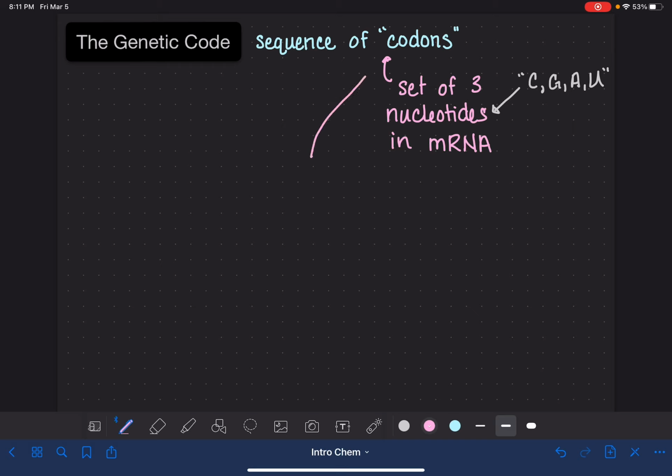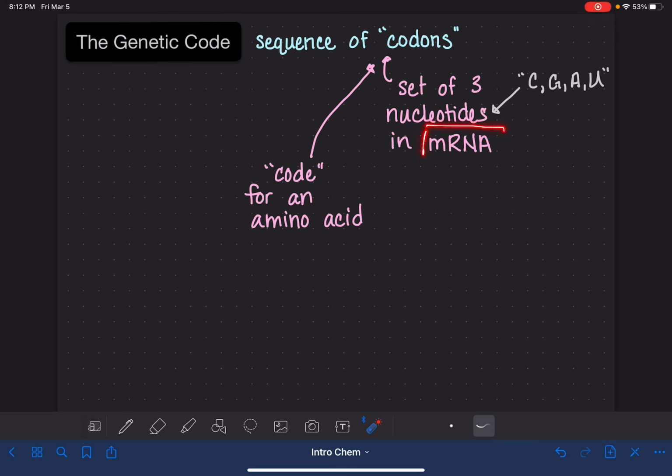Codons contain a code, or they correspond to an amino acid. So every single codon or every set of 3 nucleotides corresponds to a specific amino acid.